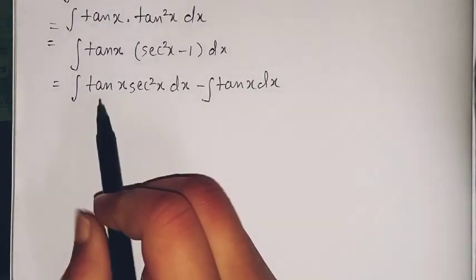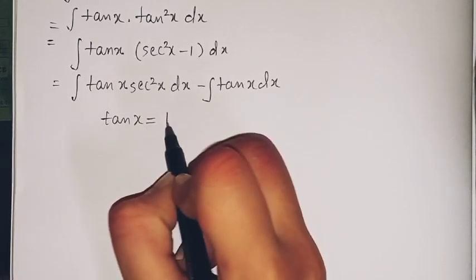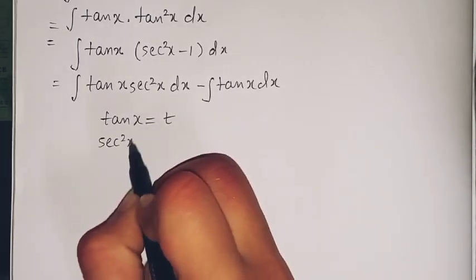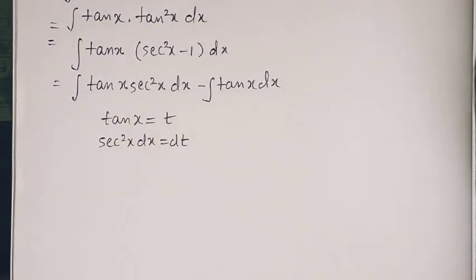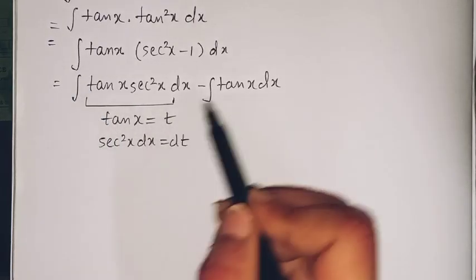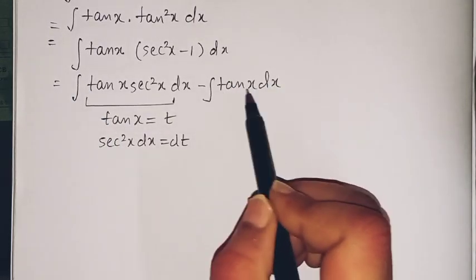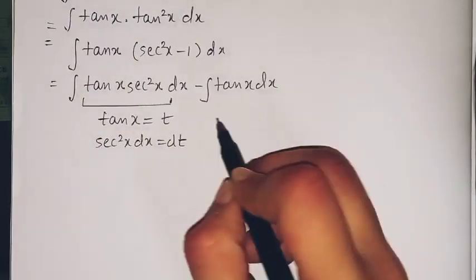Now I'll put tan x equals t. This gives me sec square x dx equals dt. And I'm putting this substitution in the first integration, not this one. I'll directly write the integration of tan x, which is log sec x. So let us see the next step.